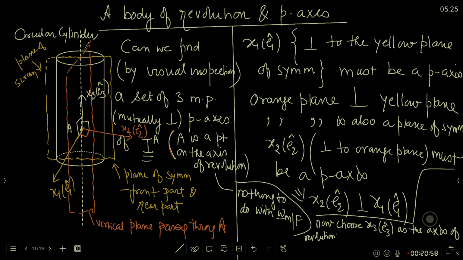Now you have a set of three. If x3 e3 I choose as the body axis along the axis of revolution, mind you, x3 e3 is also a p-axis.